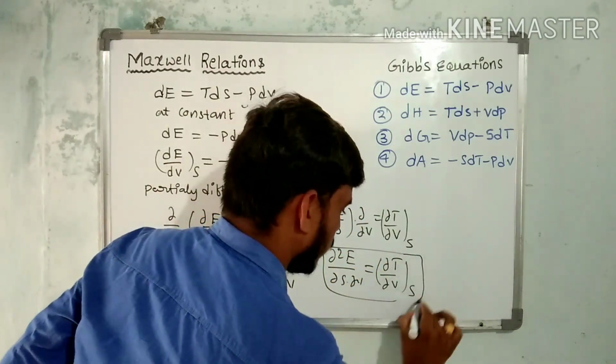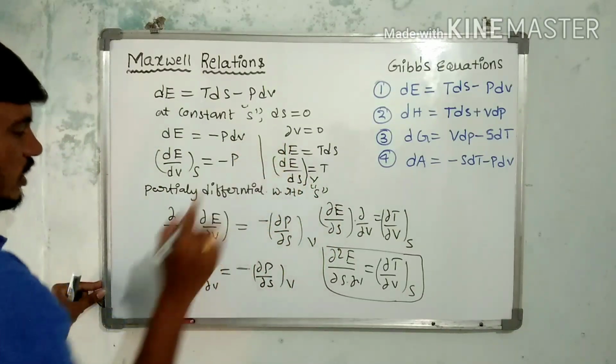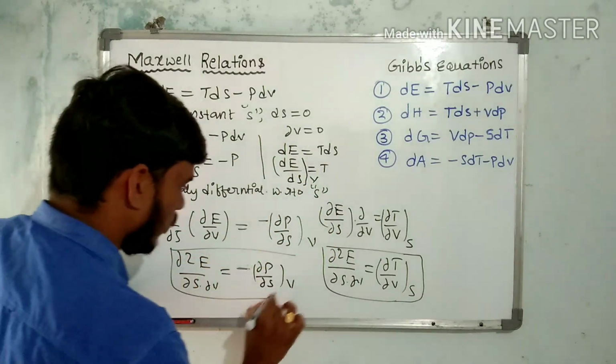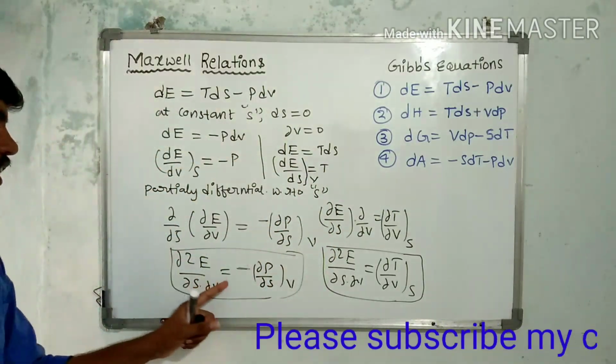This is one of the expressions at constant volume, and the earlier one is at constant entropy.